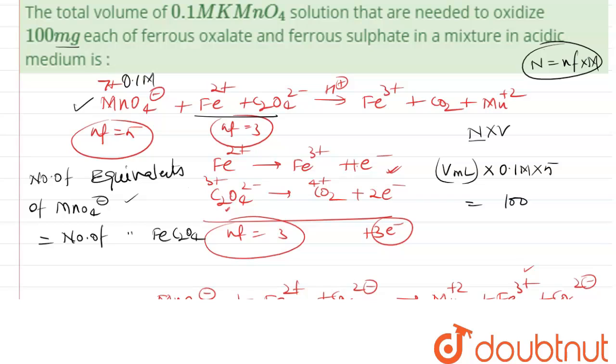On the other side, 100 milligram divided by 144 gram per mole gives the number of moles, and if we multiply by the N factor, which for this reaction is 3, we get the milli equivalents.